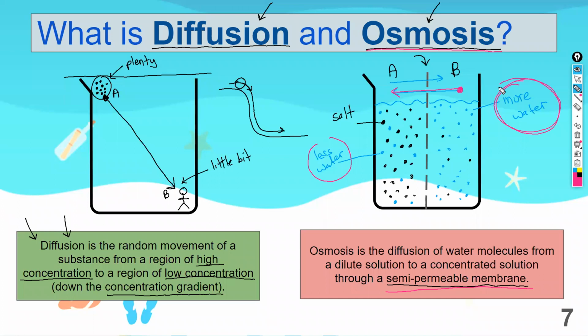So whenever you hear a biologist talk about osmosis, they are automatically referring to diffusion, but a special type of diffusion where there's a semi-permeable membrane and where water is the one moving, not oil, not gasoline, not whatever other liquid there is out there, right? Only water. And that is why it's so easy to confuse osmosis with diffusion. Osmosis is a special version of diffusion.